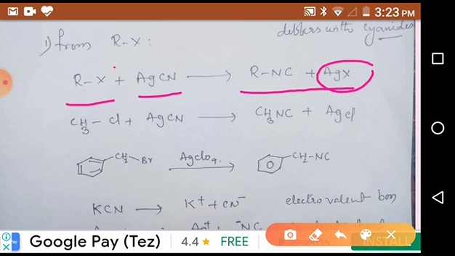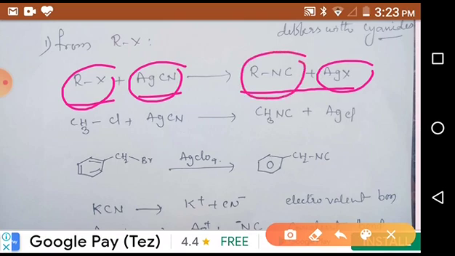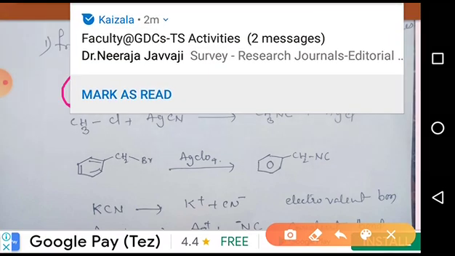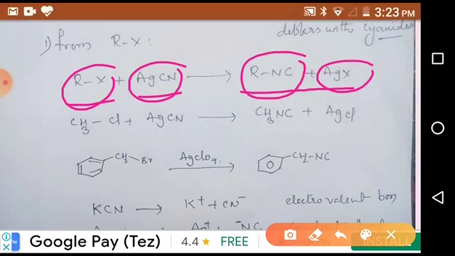So alkyl halides, when they react with silver cyanide, give the corresponding isocyanides plus silver halides. For example, methyl chloride reacts with silver cyanide to give methyl isocyanide, or methyl carbylamine, or methyl isonitrile, plus silver chloride.